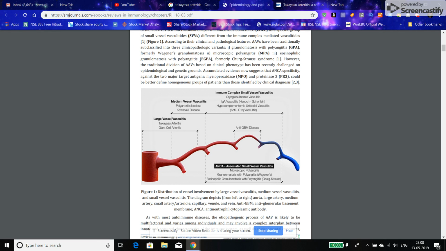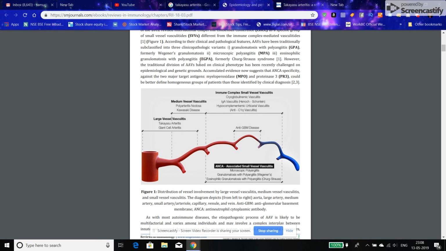And small vessel vasculitis is also associated with antibodies to certain proteins, target antigens, which include myeloperoxidase and proteinase 3.